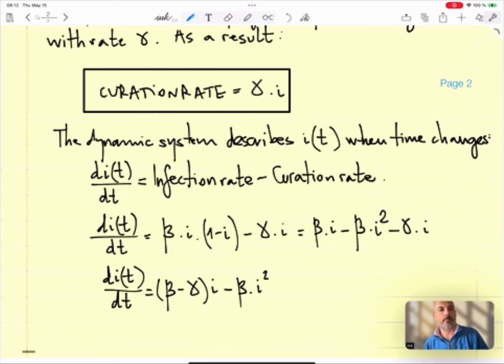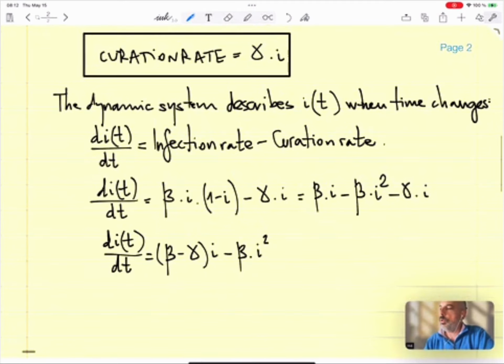Okay? So we want to solve this equation.